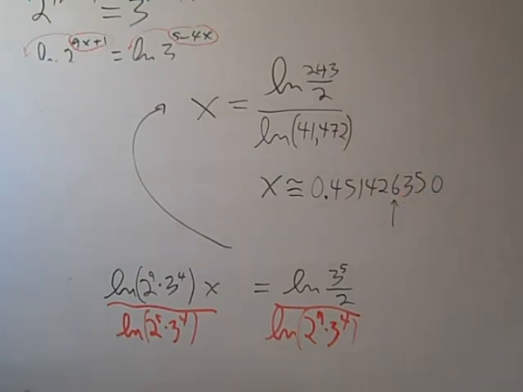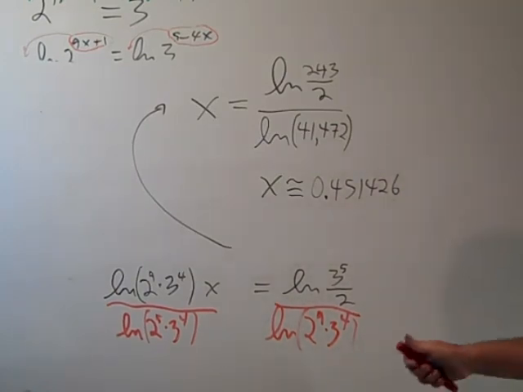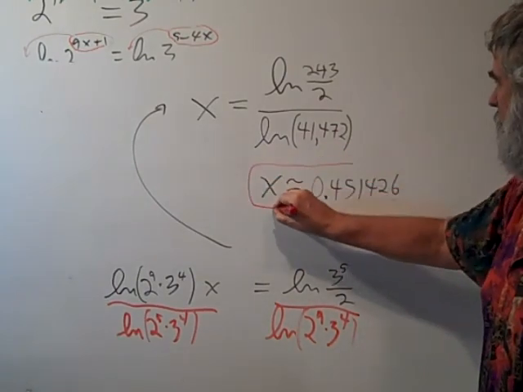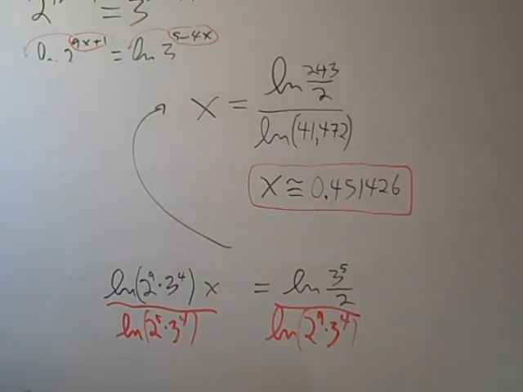And the next digit over is smaller than 5, so we can just truncate it there. And so this is our solution rounded off to the nearest millionth.